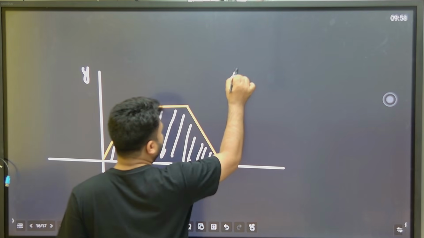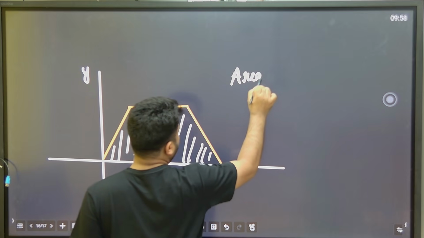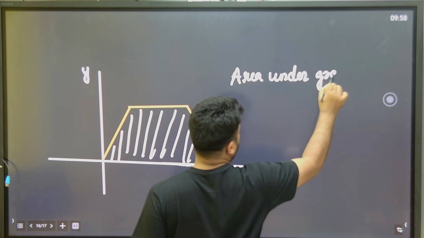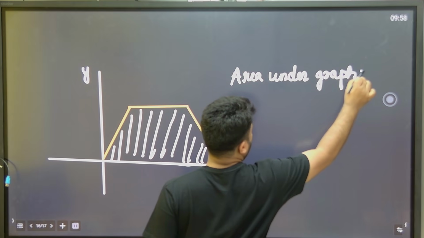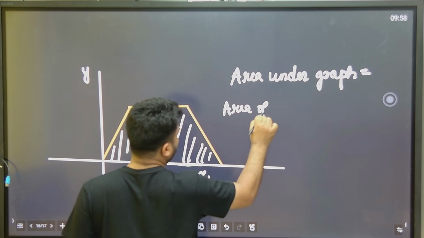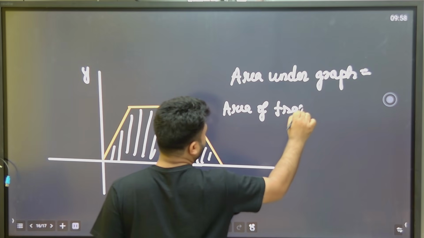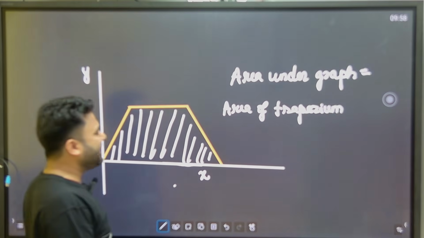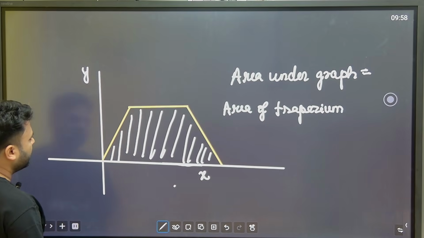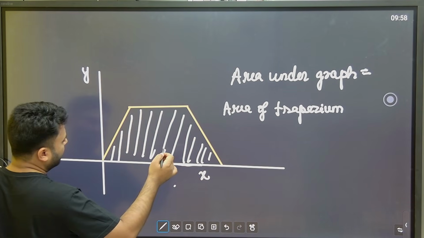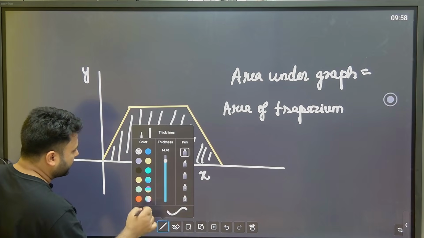So area under the graph equals, you can write, area of trapezium. Now what is the area of trapezium? Suppose this is the height of the trapezium.